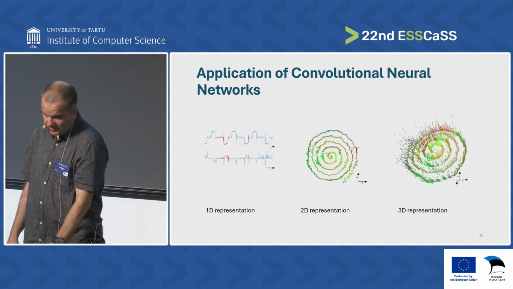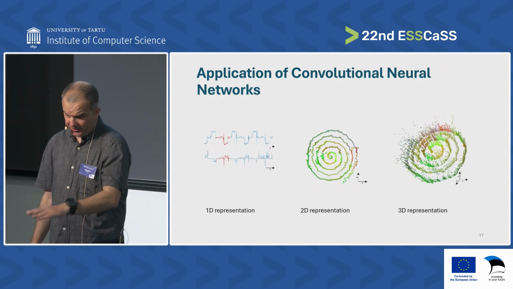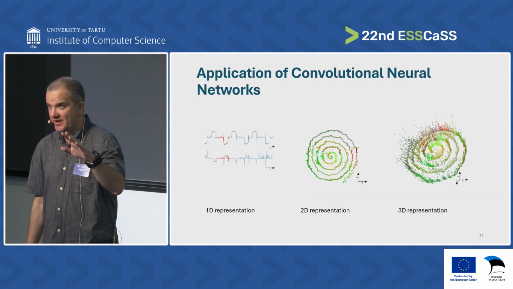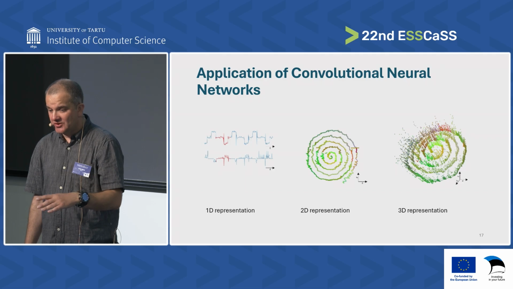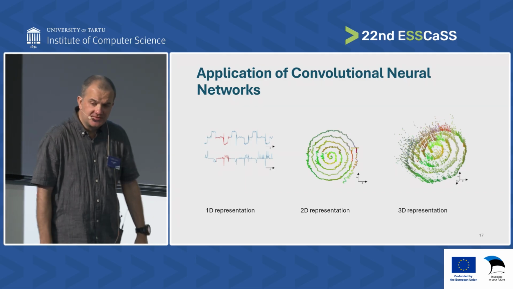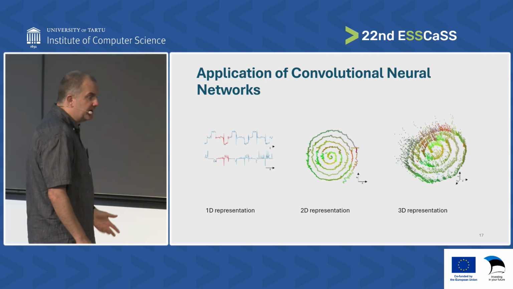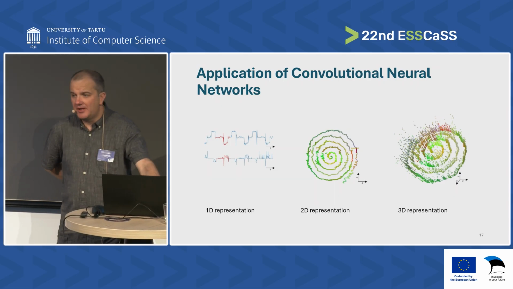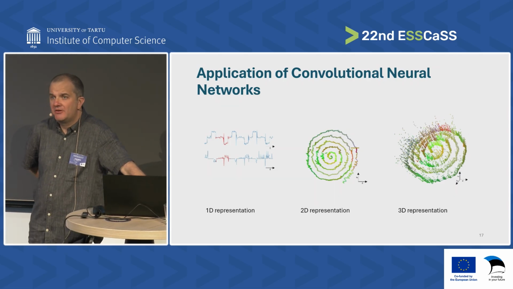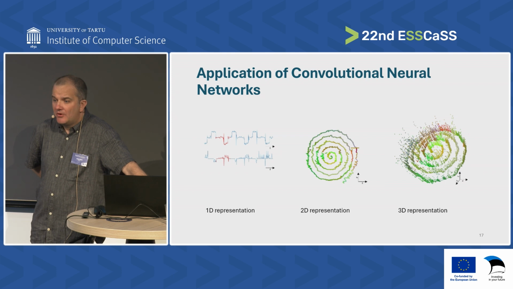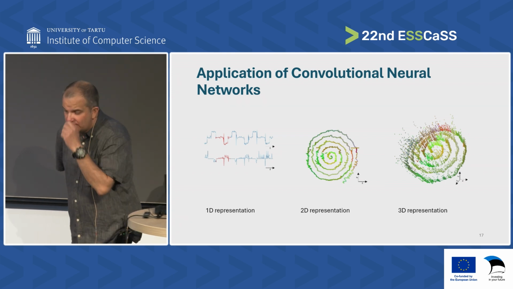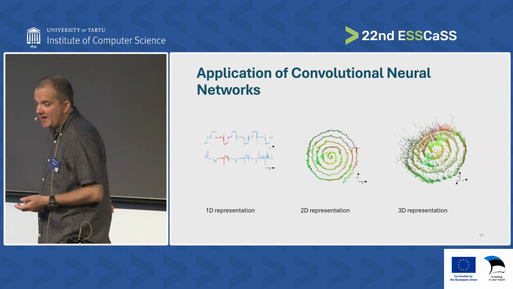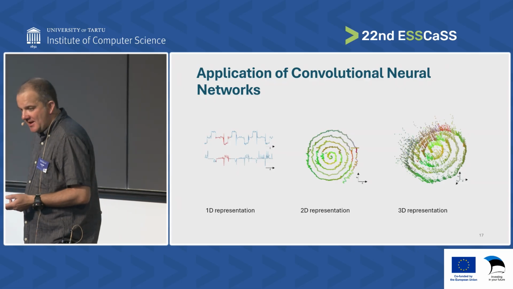You can also use the third dimension, for example, to encode the pressure applied to the pen, and you can use color for something else. And here, in one of our papers, we compared convolutional neural networks for the one-dimensional case, the two-dimensional case, and the three-dimensional case.